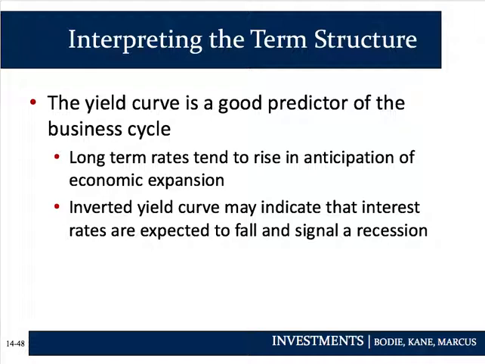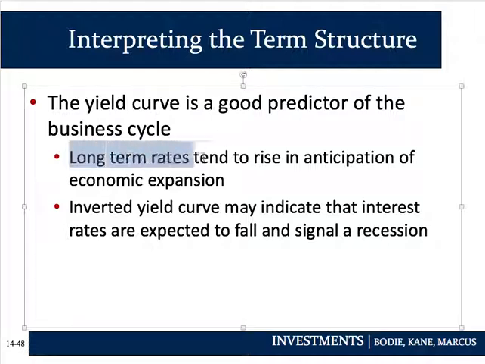And the reason the rates rise is because people are selling their bonds and buying stocks and other risky assets because they think the economy is going to get better. And so if interest rates are falling, that is anticipation of the opposite of expansion, a deceleration in the economy.